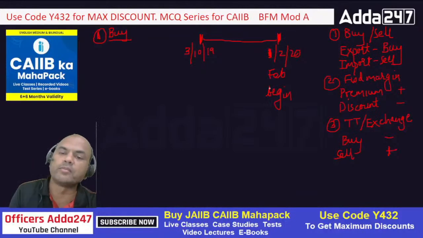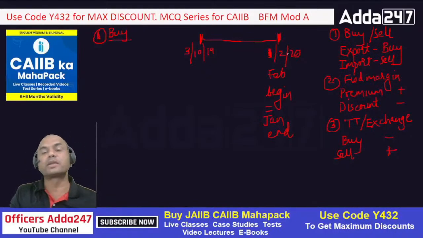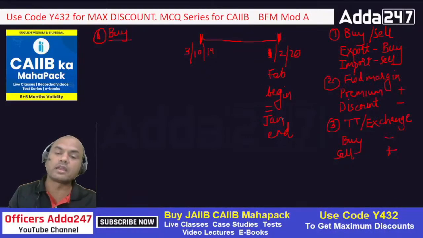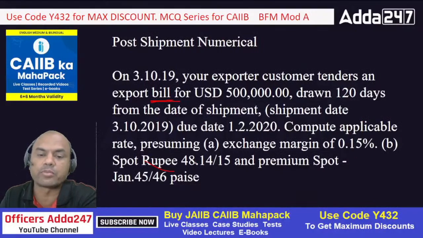Feb begin rate equals January end. Whatever is the rate of January end, that will be applied to February beginning. Suppose I want the rate for March beginning, what rate will I apply? I'll apply February end rate. Month end rate is equal to the new month starting rate. Okay, so now let's look at this. What is the spot given?